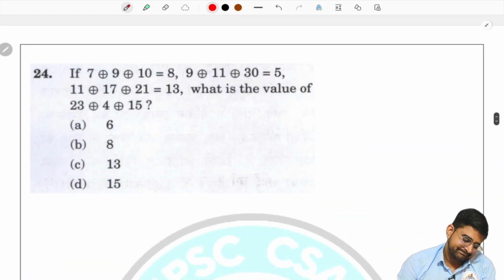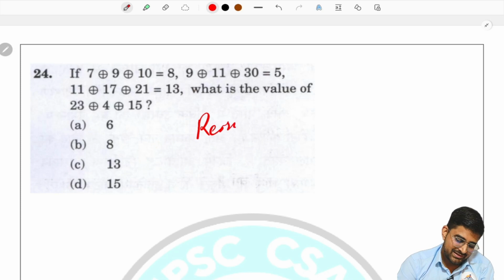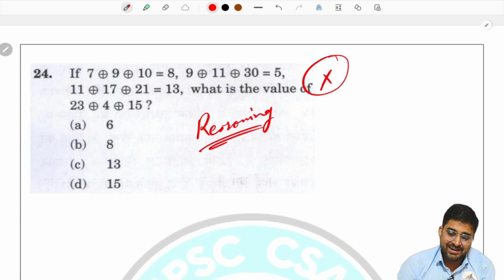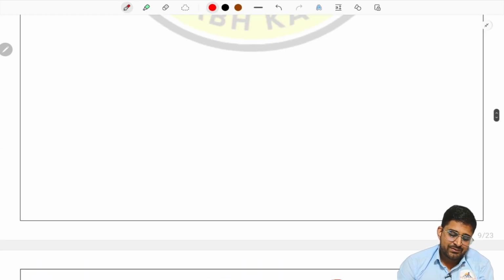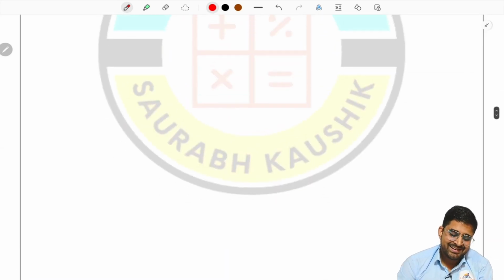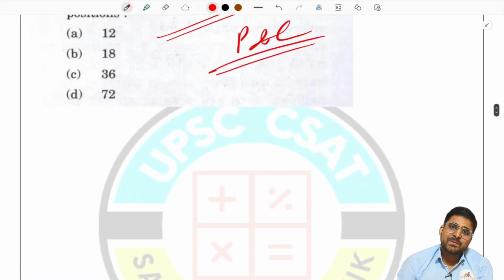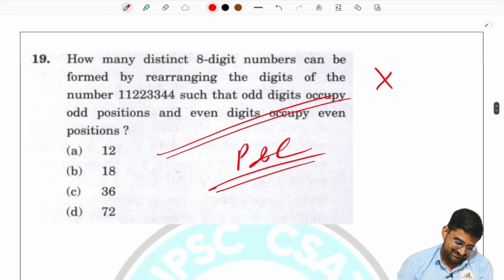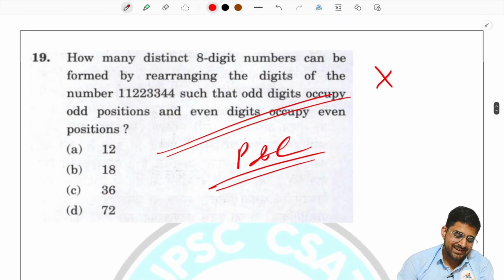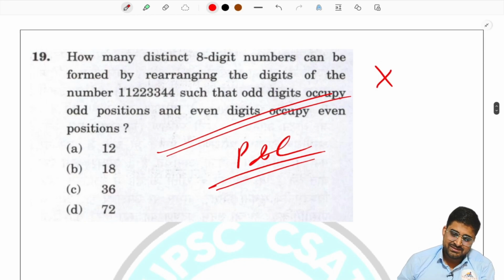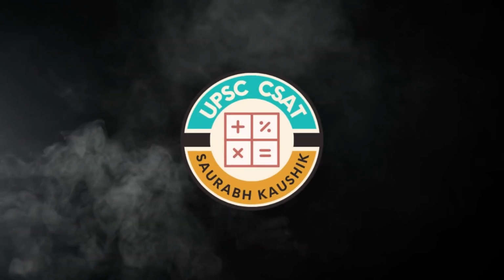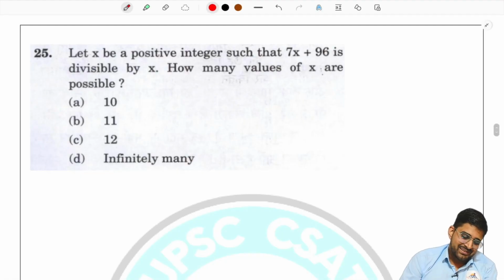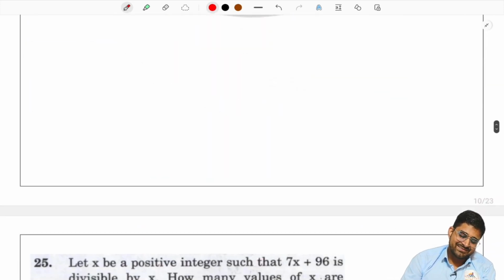This is a reasoning question. I'm so sorry, the team doesn't understand that if they find some numbers, they take it as a number system question. Let me check first, then do it. This is a fine one. The next one is a fine one.